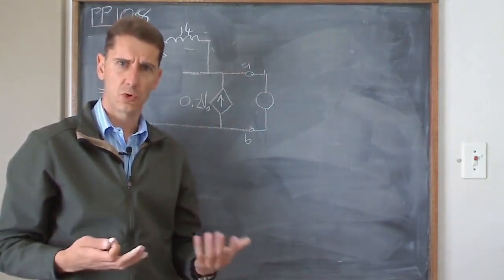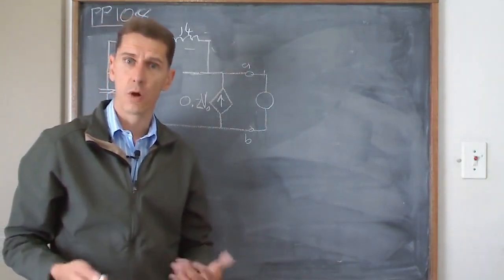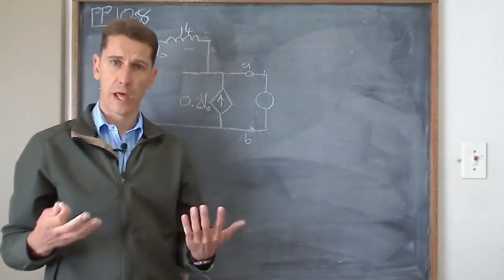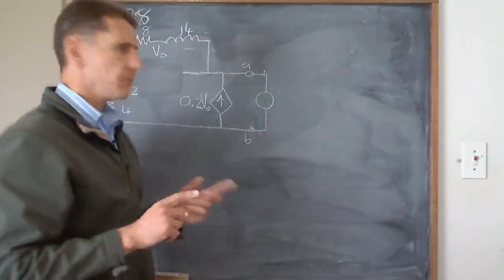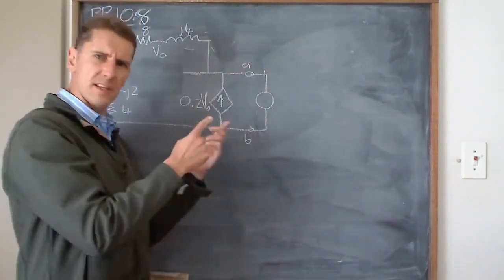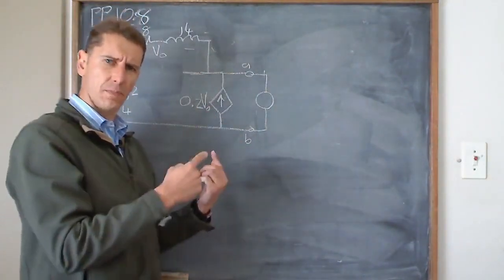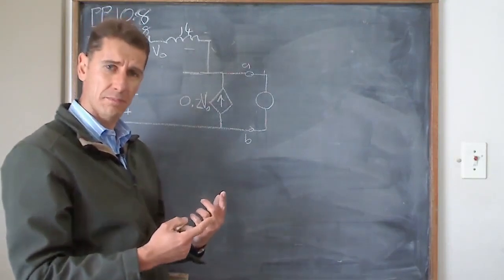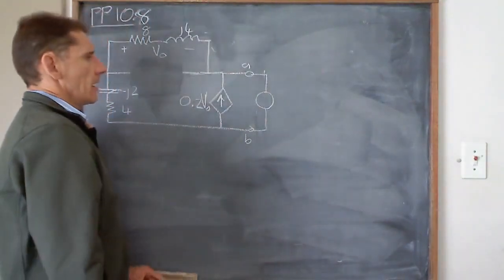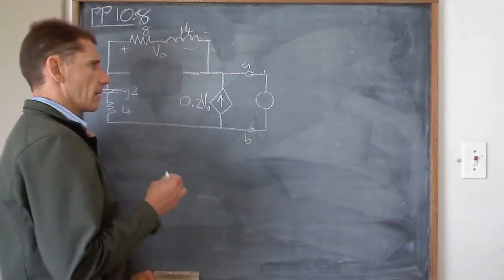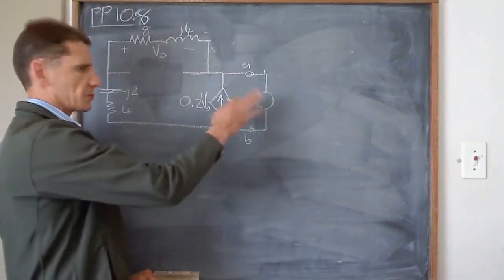Should we put a current source or a voltage source? Is there a right and a wrong? No, both of them will work, but there's always a better one. And if you put a voltage source, plus at the bottom or plus at the top? And if it's a current source, we're going to make it point upwards or point downwards. Okay, so let's see what the circuit does without this one.